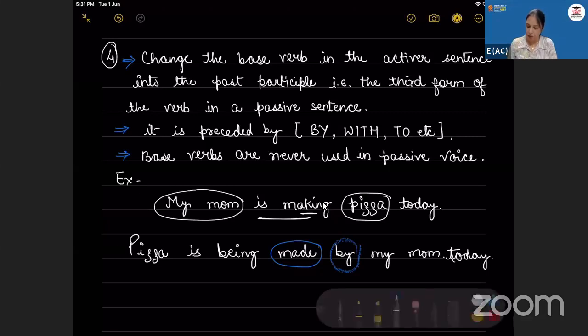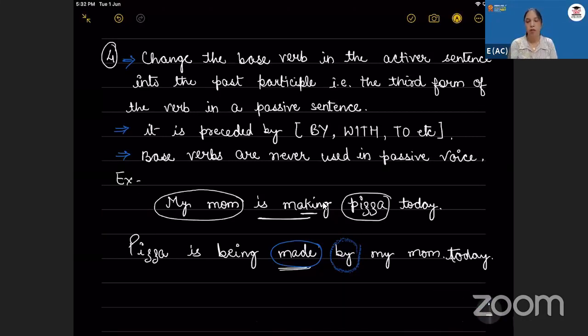The third one was that the base verb will not be used. So all 3 sub rules are followed here. I guess rule number 4 is quite clear to everyone now. Ma'am, in this one example, can we apply this? Today should not be there? No, today will be there. It's an adverb. Only subjects will be omitted, adverbs will be there.